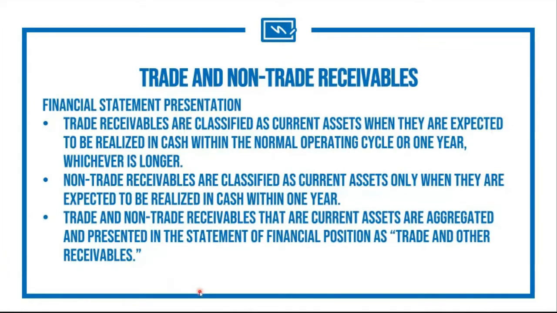So, kumbaga parang after kung ang ginagawa natin is decreasing liquidity, okay? So therefore parang may current non-current classification. After mong ilagay yung cash and cash equivalents, second line item mo will be trade and other receivables. Tapos kung gusto mong ibigay yung mga details ng mga trade and other receivables mo, then you are going to present that in a separate note dun sa ating notes to financial statements.